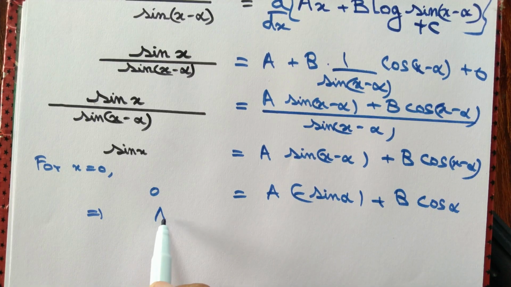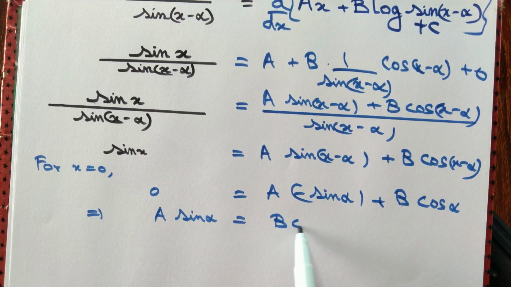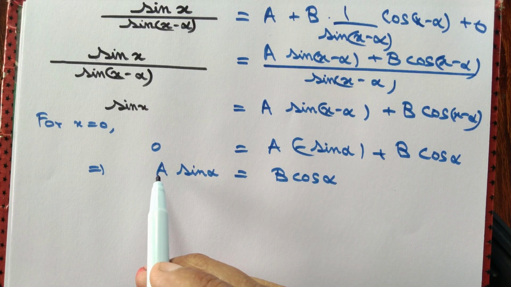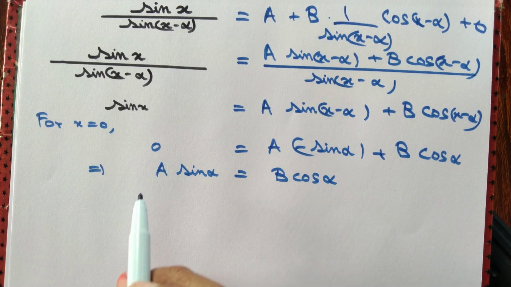From there we conclude a sine alpha equals b cos alpha. You may guess that a equals cos alpha and b equals sine alpha, but you may also guess that a equals 2 cos alpha and b equals 2 sine alpha. So there might be many other possibilities.